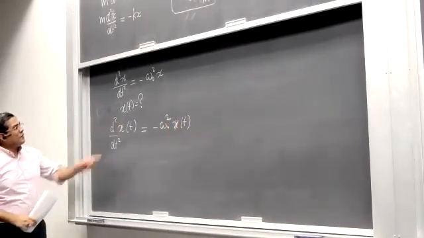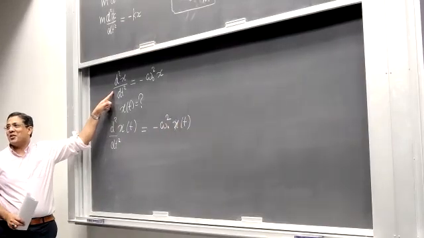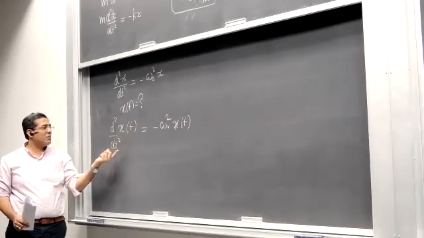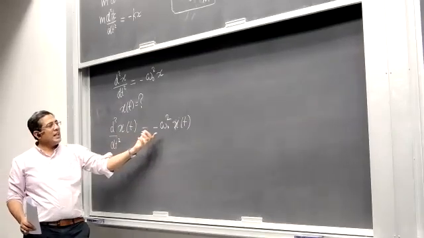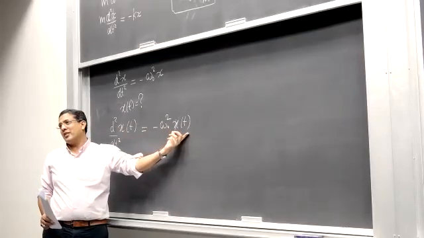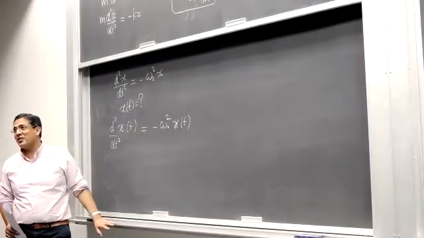That is exactly the definition of the equation: if you differentiate x of t twice with respect to time, you get a constant multiplied by the function itself that we are looking for. That helps a great deal.